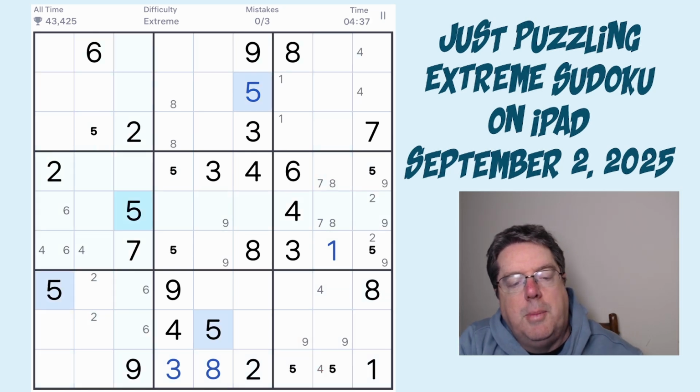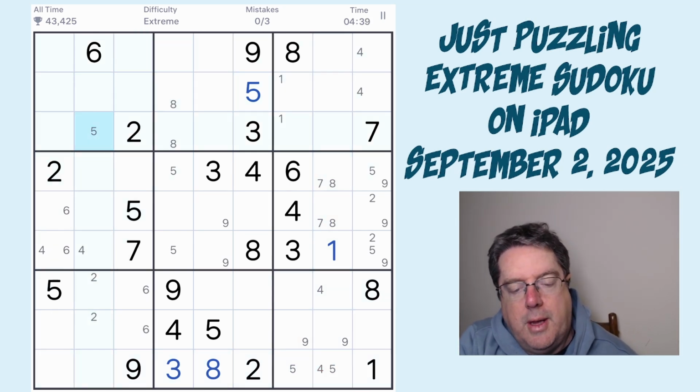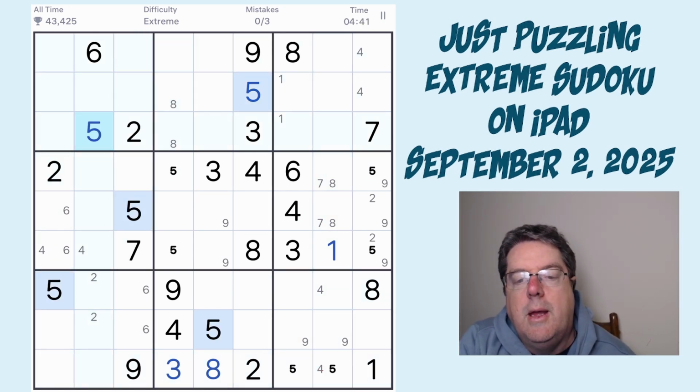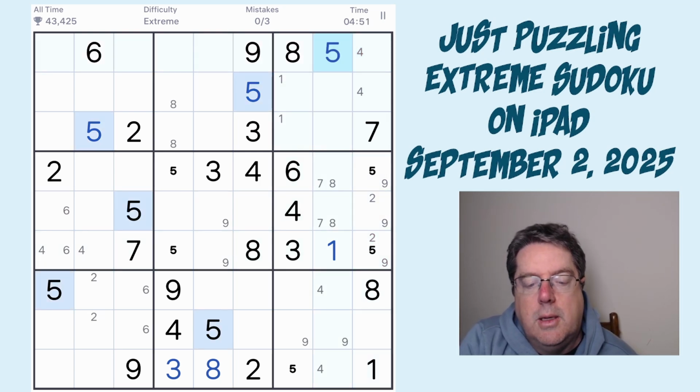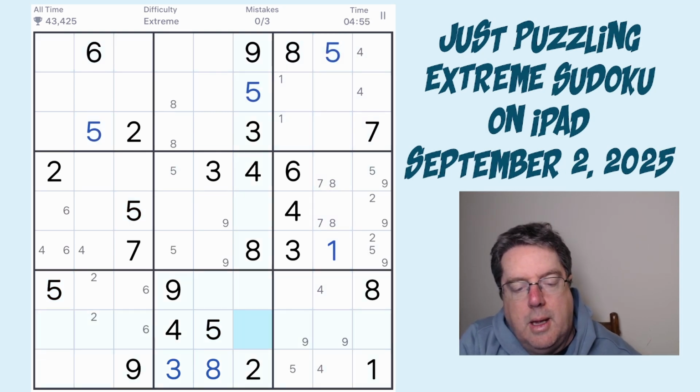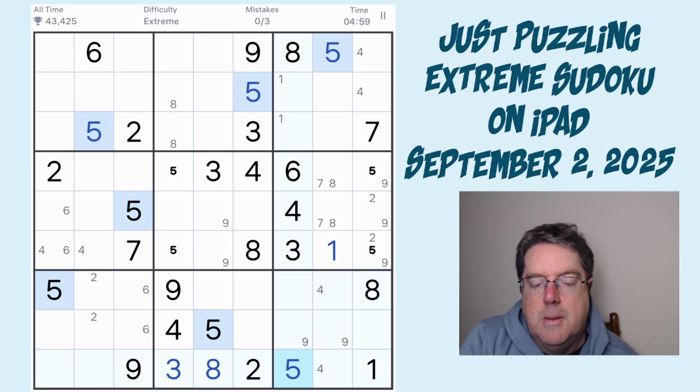Okay, 5 comes up here, 5 comes up here, 5 comes across here, so that's a 5 there. 5 comes across here, 5 comes across here, so 5 is one of these two. Now remember this is a 5, so this has got to be the 5 here. And then 5 comes down here, comes across here, leaves this to be a 5 here.